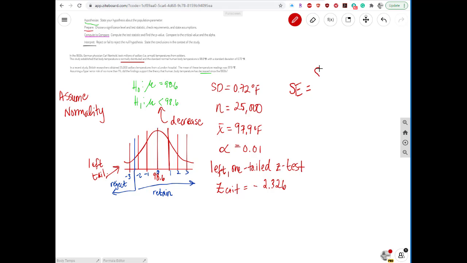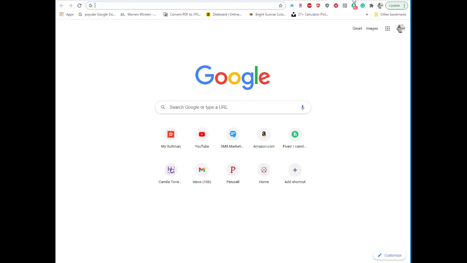We're just looking for the standard deviation divided by the square root of the sample size. So my standard deviation is 0.72, and I'm going to divide that by the square root of, what's my sample? 25,000. Awesome. So let's get some Google Calculator action here.